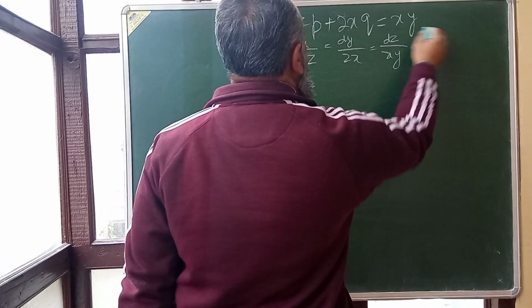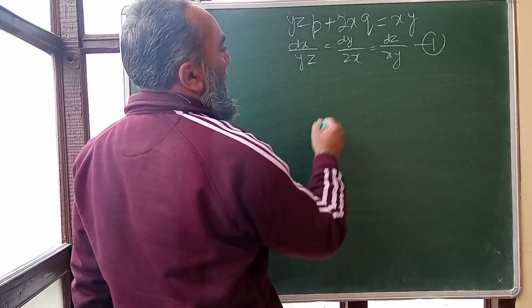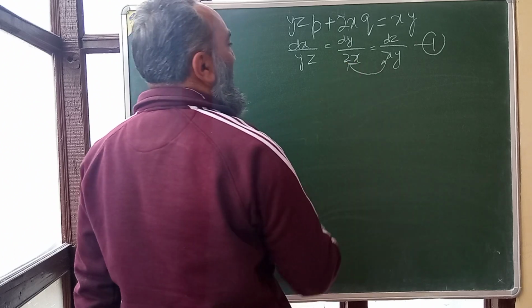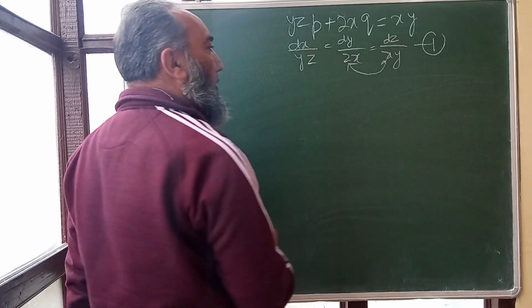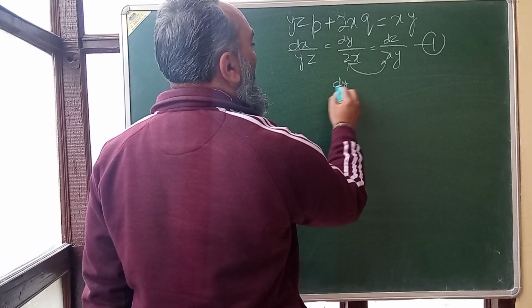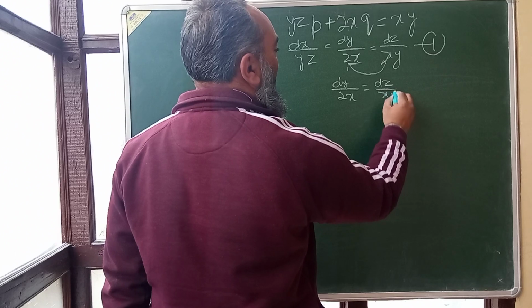This is 1. Now taking second and third fraction together, I can choose first and third also. Taking second and third fraction together, we will get dy by 2x equal dz by xy.